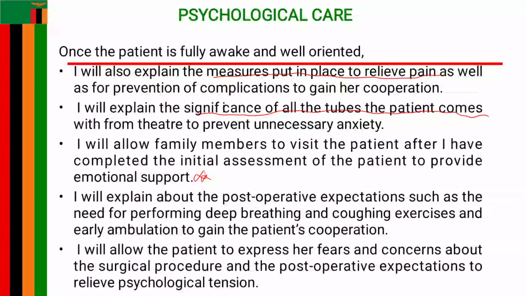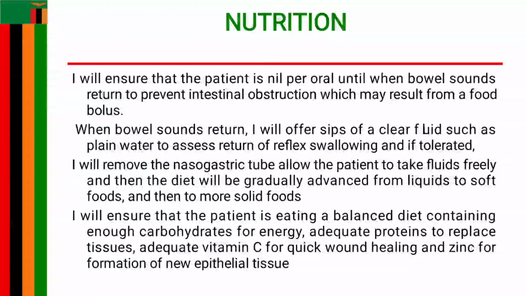You can, of course, explain the post-operative expectations to the patient as well, and allow the patient to express their fears and concerns. So these points and many others can still be applied on psychological care. There are many points like explaining procedures being done on the patient, involving relatives or significant others in the care. All those points are still valid on psychological care.